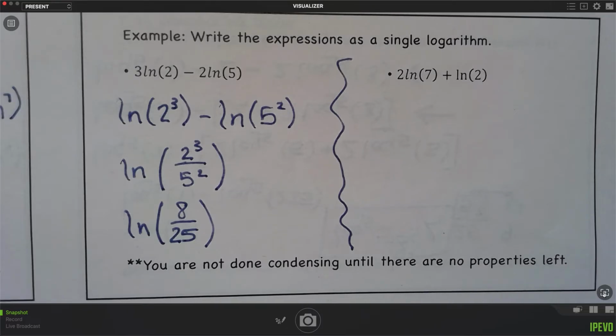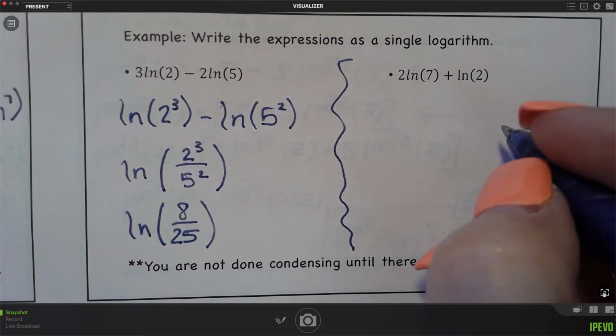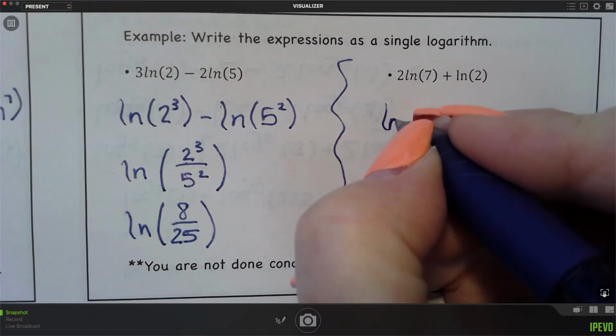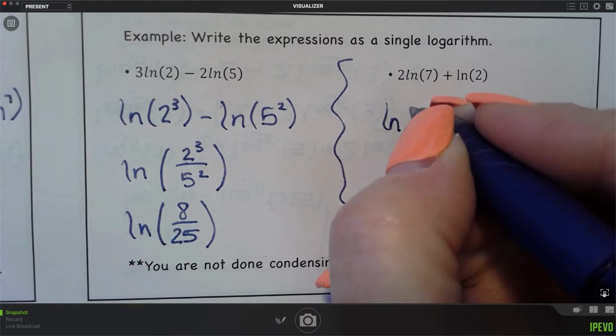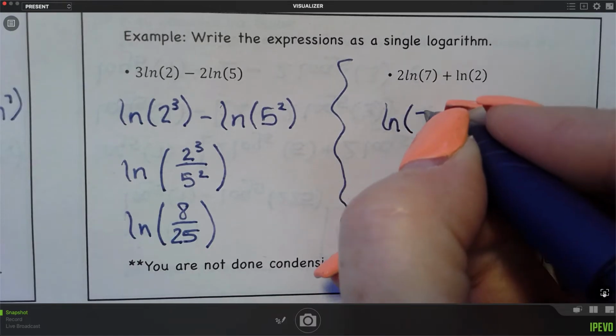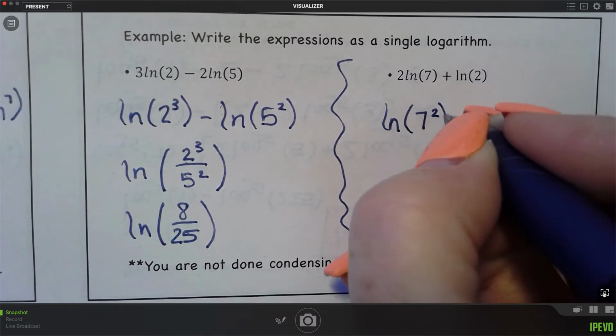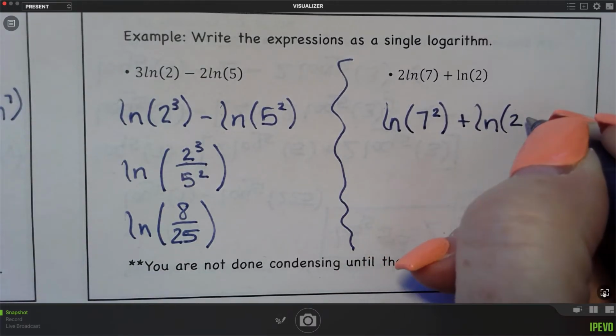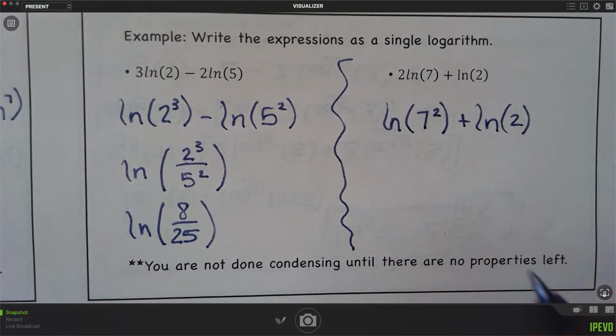Okay, what did you do? Step me through it. That's 7 squared, plus natural log of 2. Yeah. Guys, those parentheses, that word is "of." Thank you. We're not done. Then what?